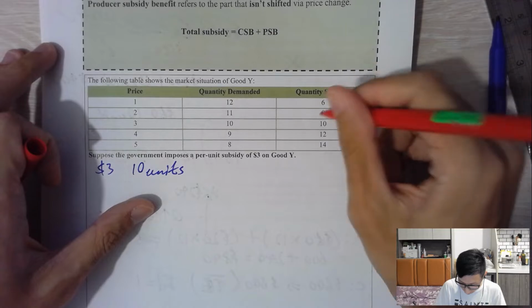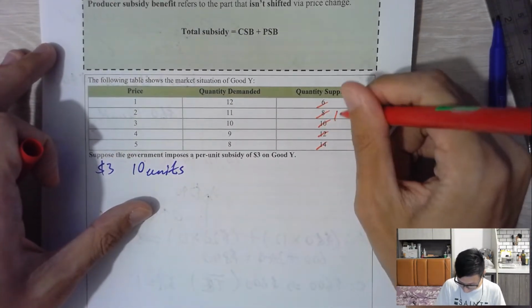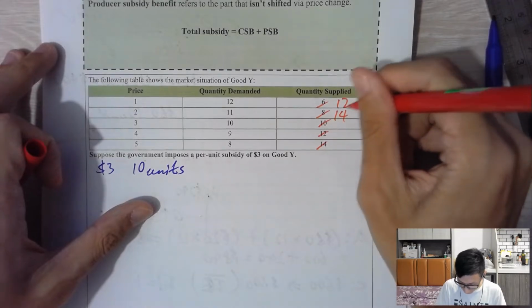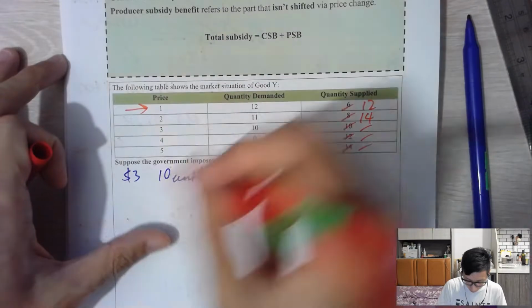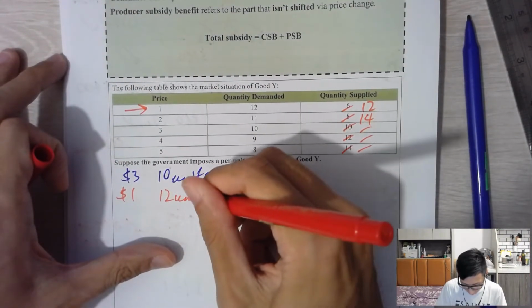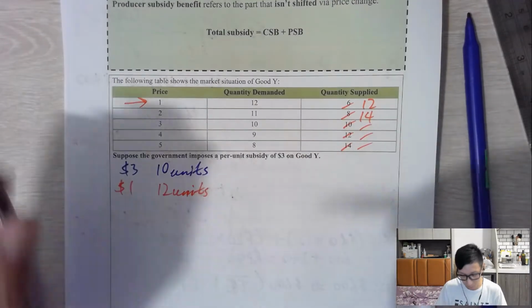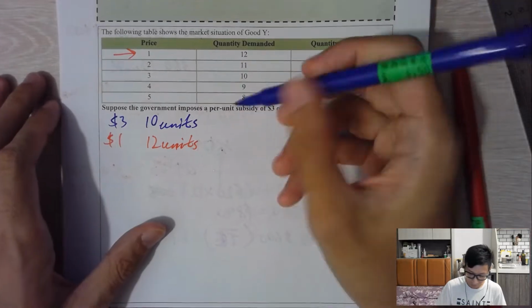Now I do not need $5. $2 is good enough. 14, 12, etc. You will see the new price is actually $1 and 12 units. This is the new equilibrium. Now let's see how the burden is shared.